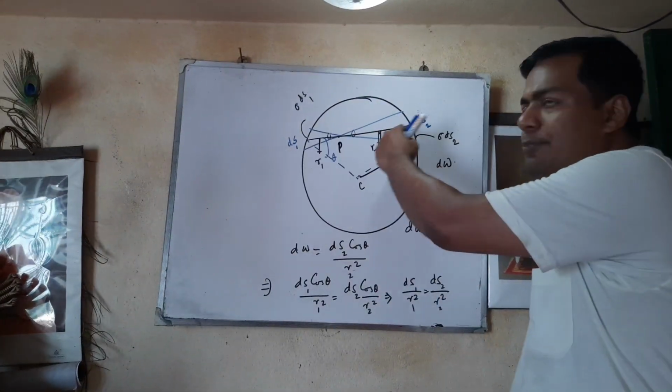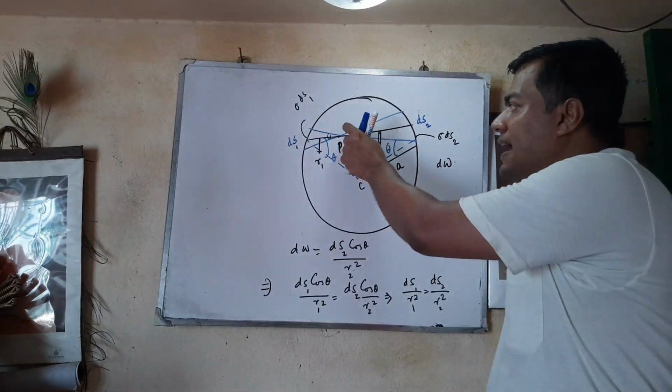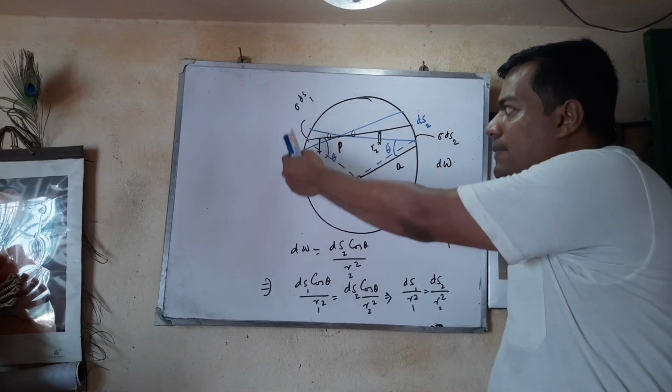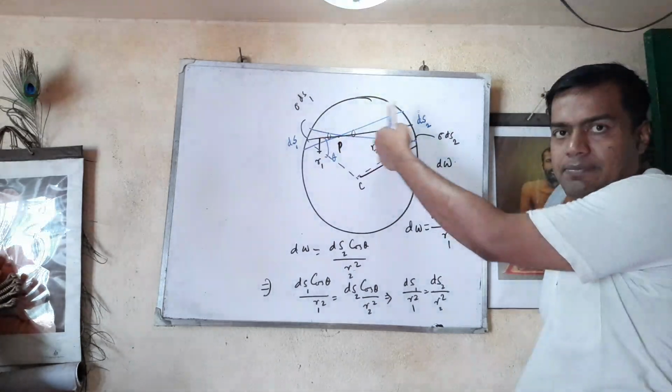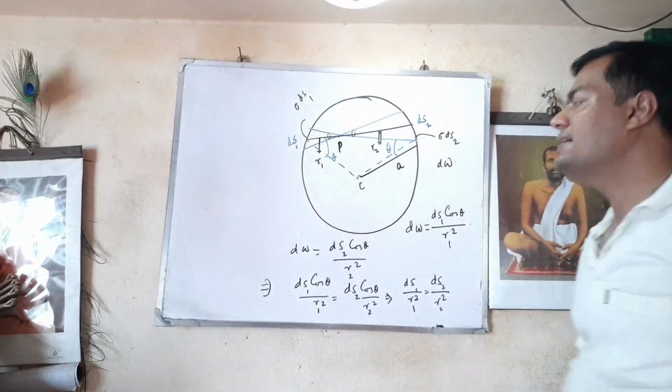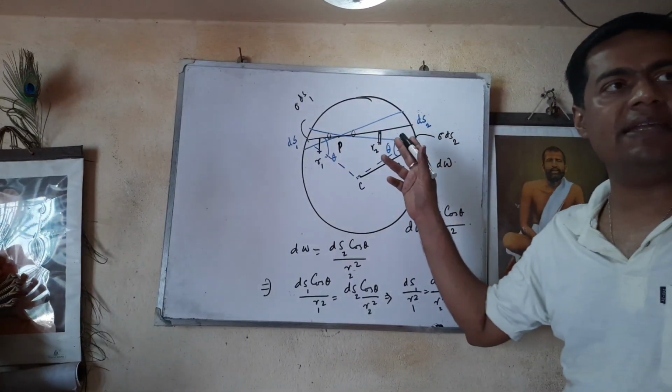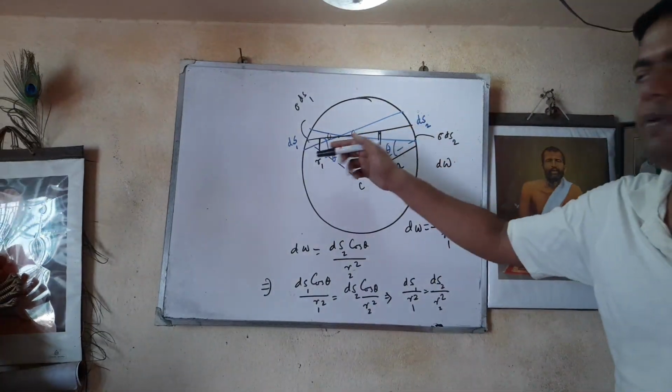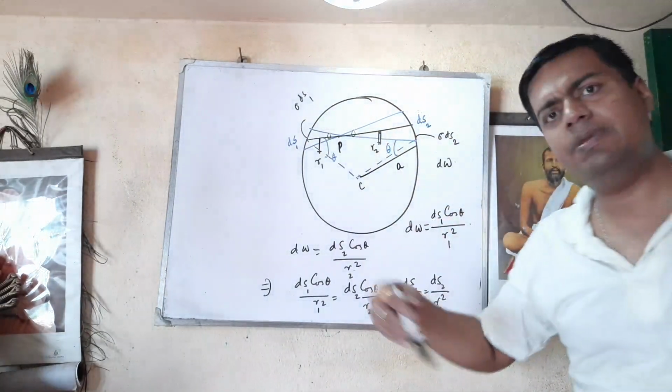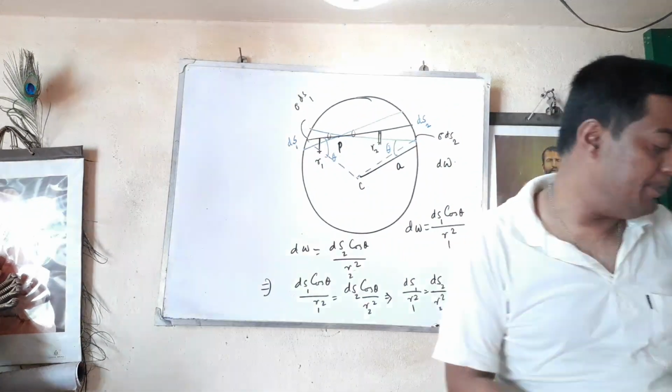Now, these charges are positive, so the electric field intensity at P due to sigma ds1 will be directed in this direction, because there will be a force of repulsion. Similarly, the electric field intensity due to sigma ds2 at point P will be along this direction, also being of the repulsive type.